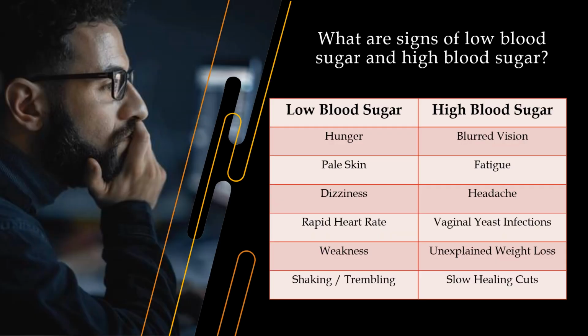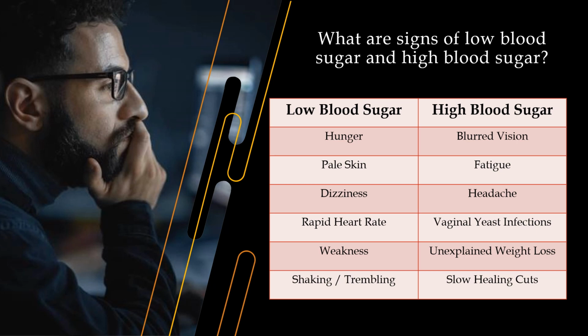And last but not least, for this presentation, we're going to discuss the signs of low blood sugar and also signs of high blood sugar as well. And we'll start today with low blood sugar. And low blood sugar is often classified as hypoglycemia. And signs that low blood sugar or hypoglycemia is present would be hunger, pale skin, numbness in the face, shaking or trembling, a feeling of weakness, a rapid, fast heartbeat, or even dizziness.